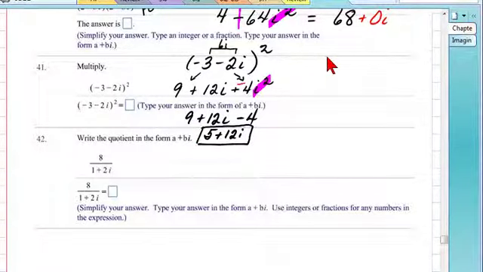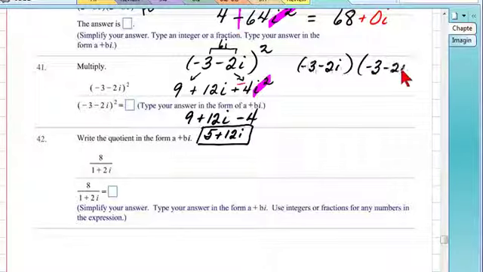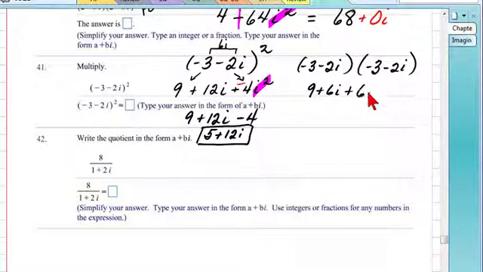What would that have looked like if I had multiplied it out using FOIL? I would have had negative 3 minus 2i times negative 3 minus 2i. Product of the first, negative 3 times negative 3 is 9. The outer product is 6i. The inner product is 6i.